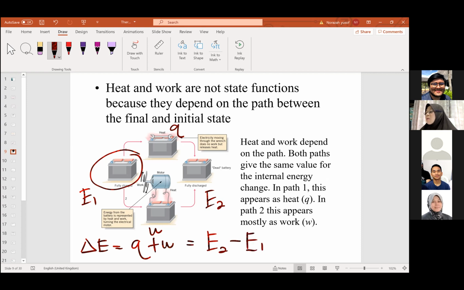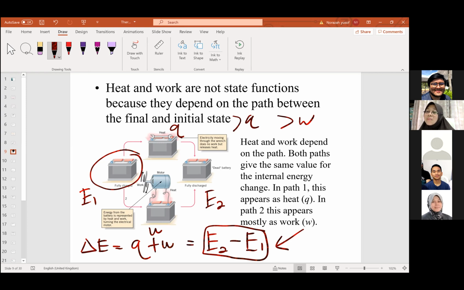So delta E, or internal energy, does not care about how, but it will be equal to the difference. So you might have more Q, for example, or you might have more work done, for example. It doesn't care, because in the end, what a state function cares about is the difference.